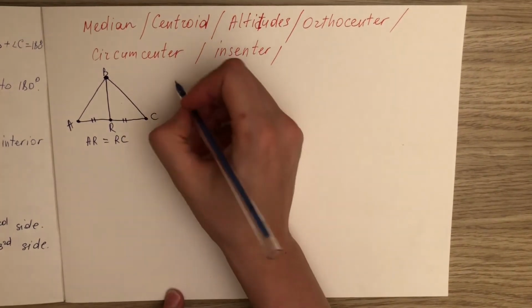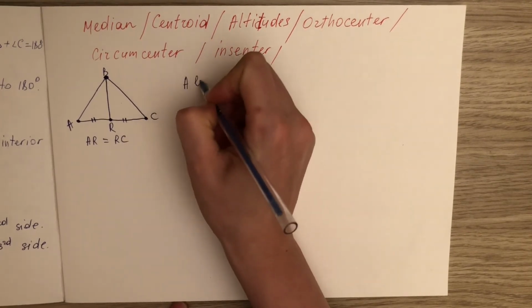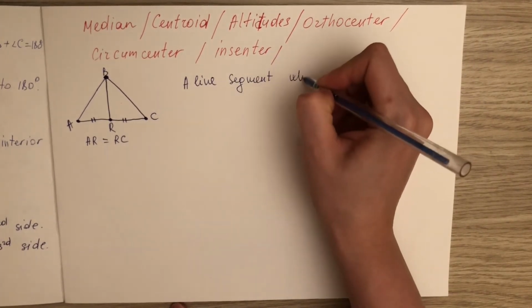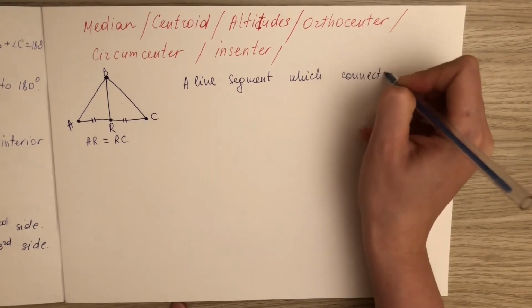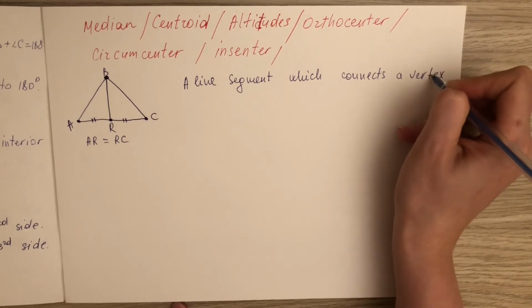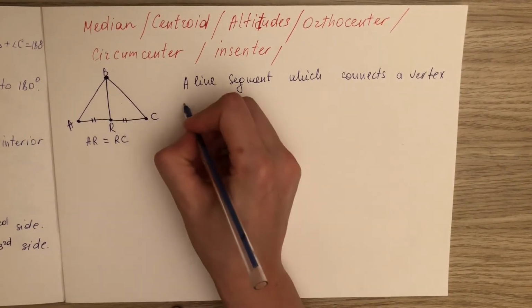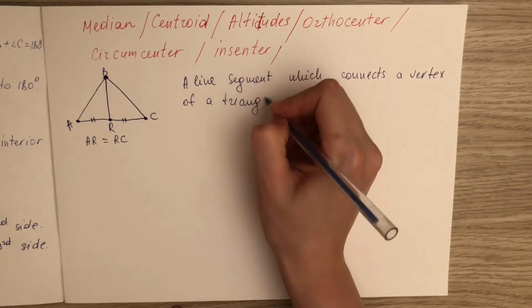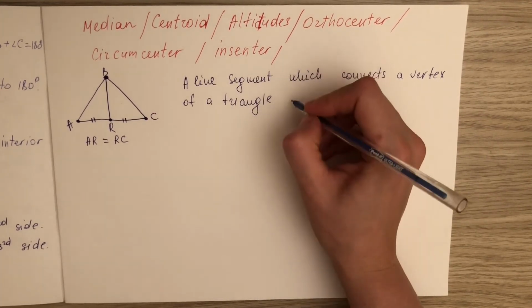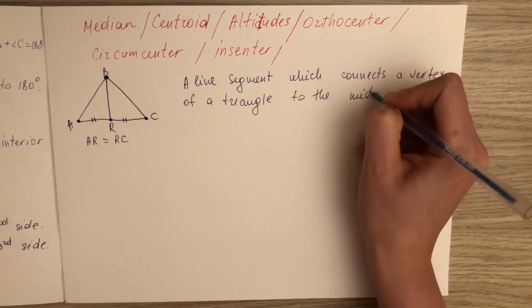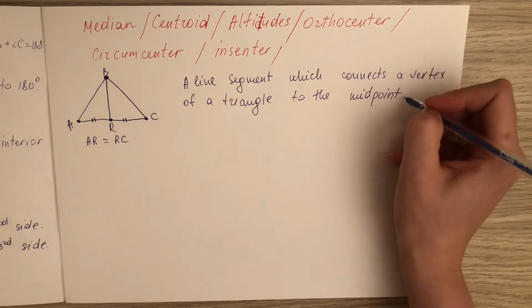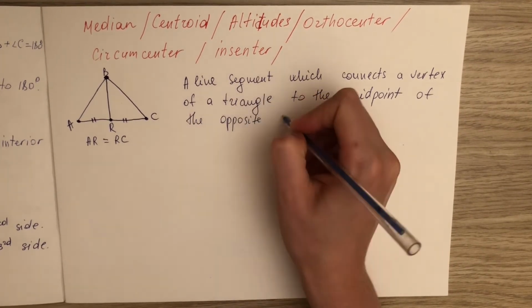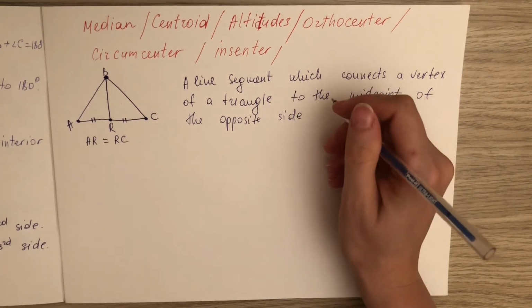Let's write the definition. A line segment which connects a vertex of a triangle to the midpoint of the opposite side is called median.